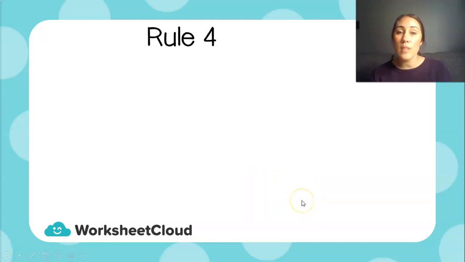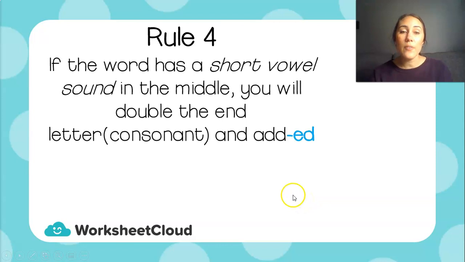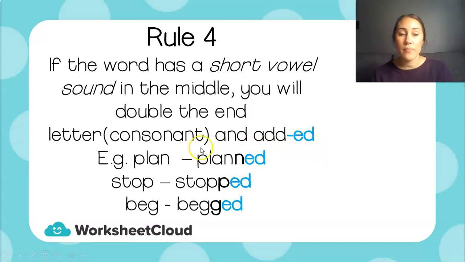Okay, and then rule number 4, if the word has a short vowel sound in the middle, you will double the end letter. And the end letter will be a consonant. Remember, a consonant is all the letters of the alphabet which aren't vowels, and add an ed. So that means the short vowel, it makes the name, the a sound, plan, and there's a consonant at the end.